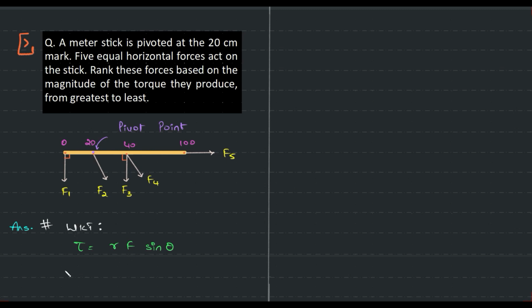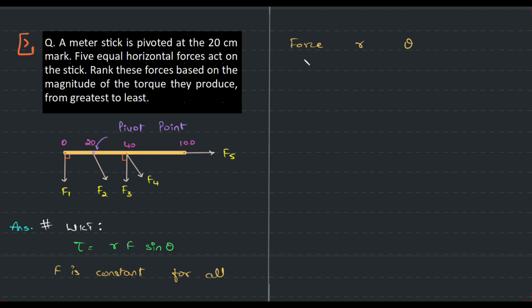Now F is not a factor over here, right? F is constant for all. But what is varying? R and theta. So let me start off by force, then the factor R and theta.